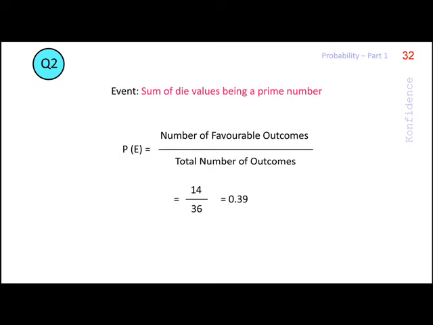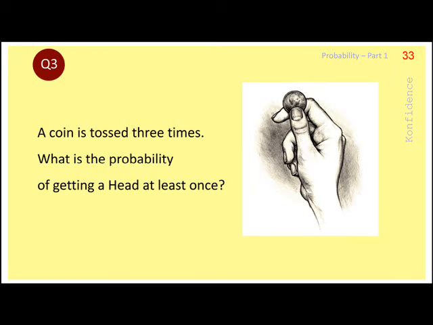Thus, the probability of occurrence of the event, sum of the two die values as a prime number, will be number of favorable outcomes divided by the total number of equally likely mutually exclusive outcomes, which is equal to 14 divided by 36, which is 0.39. Let us now consider a probability question based on tossing of a coin.